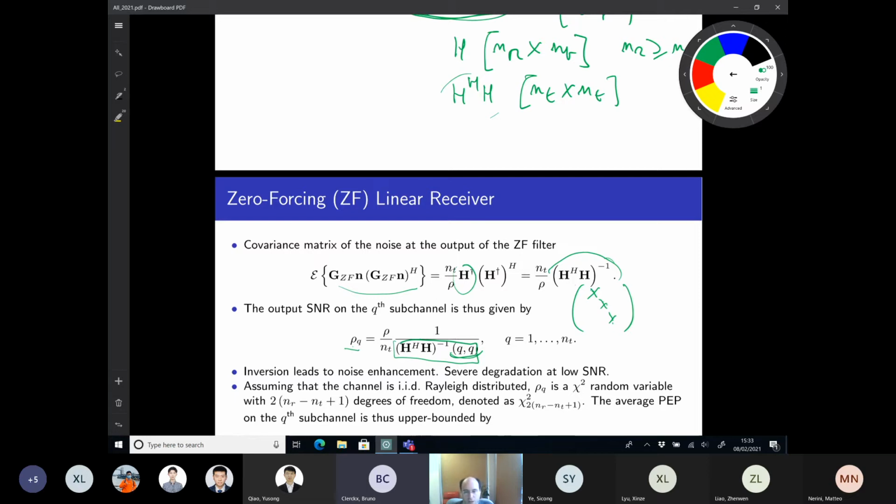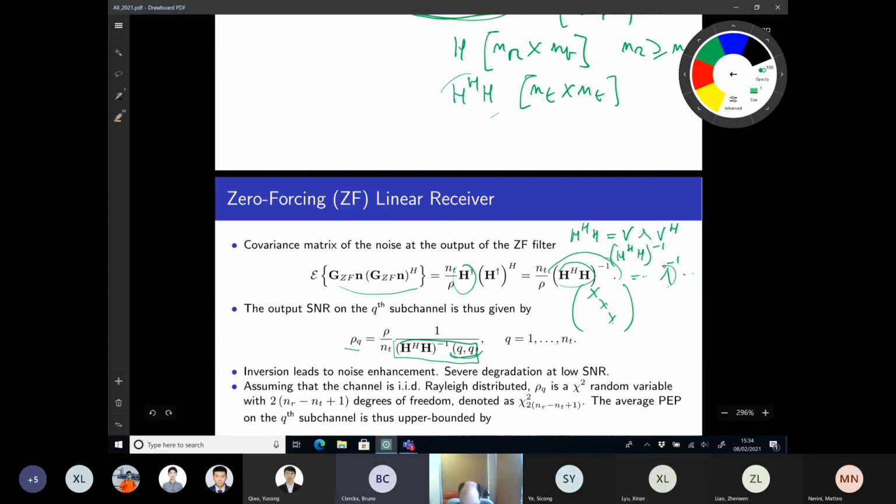And this is something that can really happen if some of the eigenvalues of this matrix here are small. Because if you do H Hermitian H and you do an eigenvalue decomposition, and then take H Hermitian H to the -1, you're going to get lambda -1, the inverse of the diagonal entries.